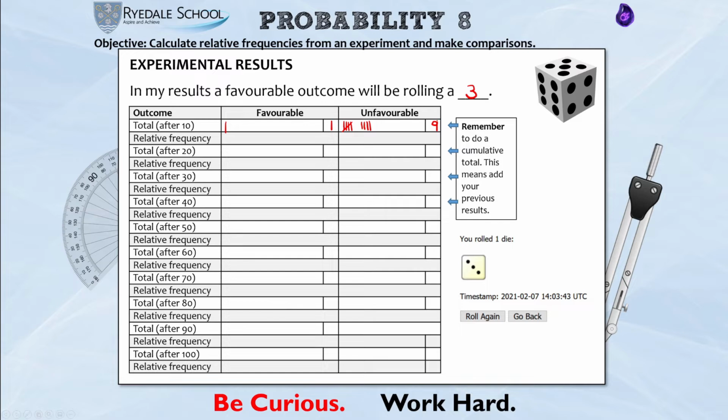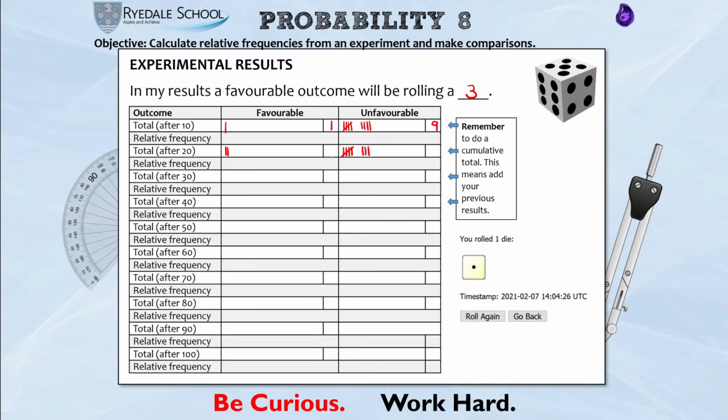I'm now going to do the same for the next 10 throws. So again, I'm going to count 1, 2, 3, 4, 5, 6, 7, 8, 9, 10. I saw 2 good ones that time, so I had 2 favourable and 8 unfavourable.